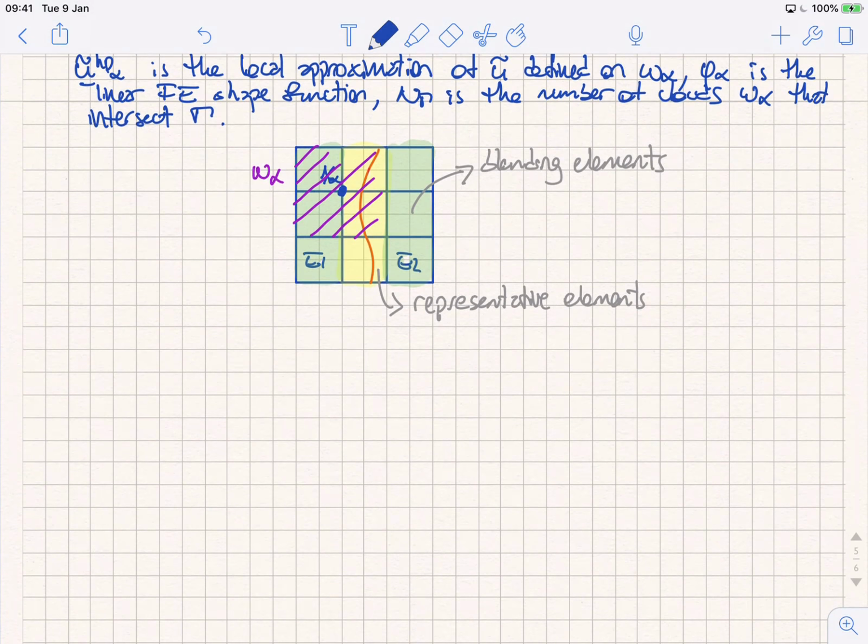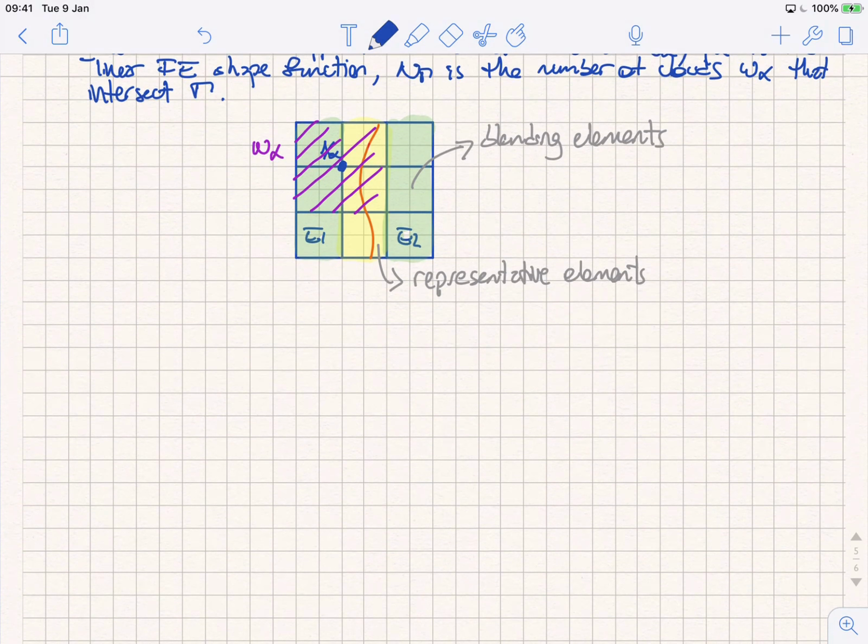Now the objective is to reproduce that discontinuity, right? What I want to do, following the same idea of pasting local approximations together, is to represent my function as a sum over the number of clouds, phi alpha of x.